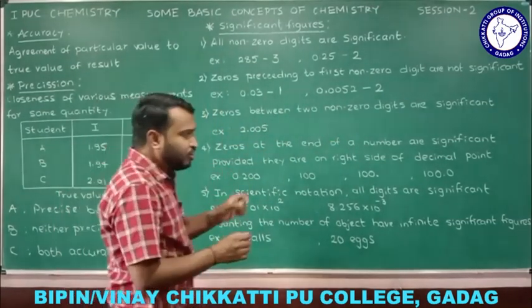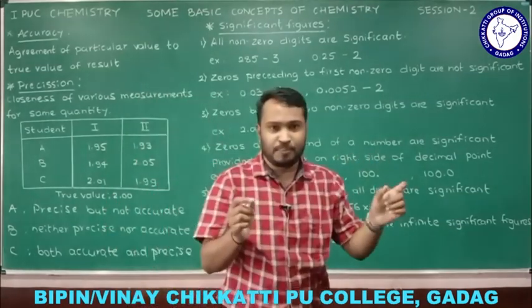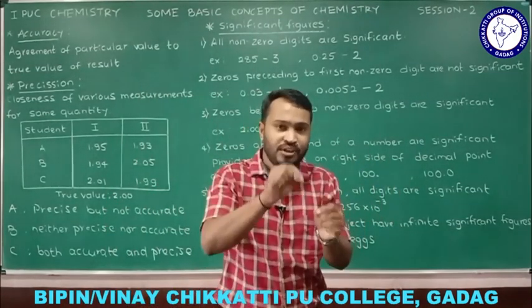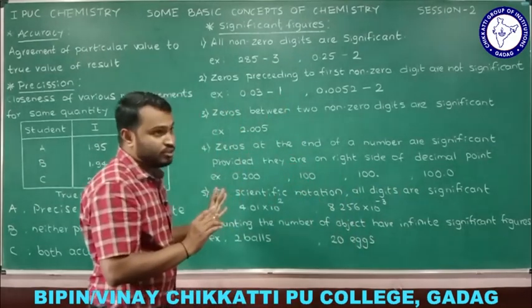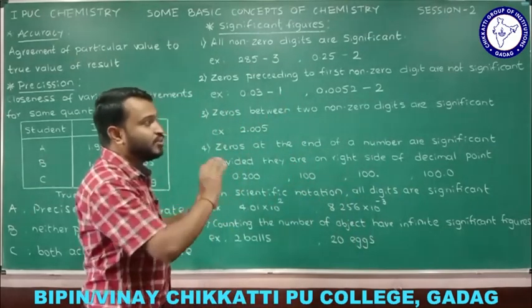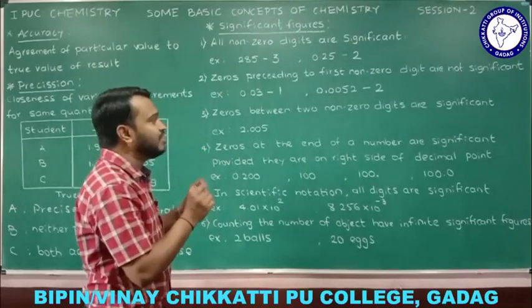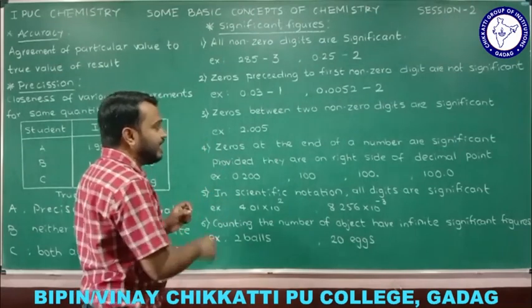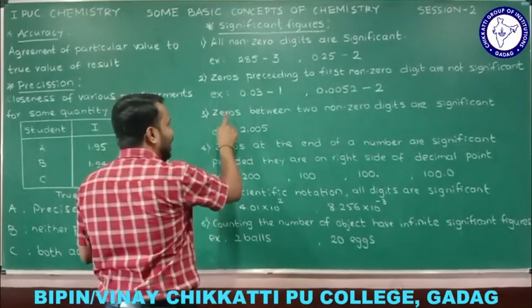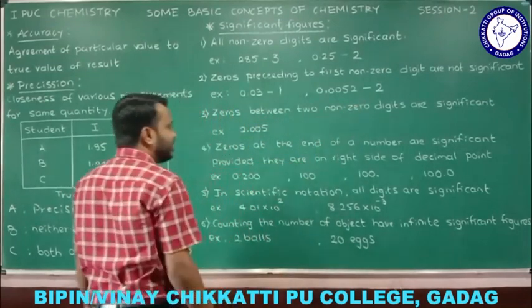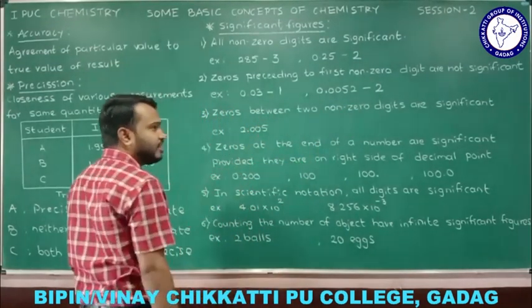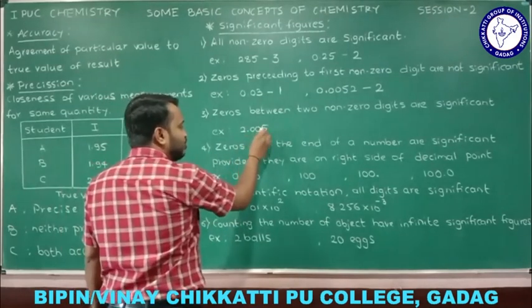If you have two non-zeros, and you have a 0 in between them, that 0 is significant. So in such cases you should not leave out the 0. In some other cases you need to consider differently. In this particular example, if you have a 0 between two non-zeros, it is significant. You can understand this with the example 2.005.